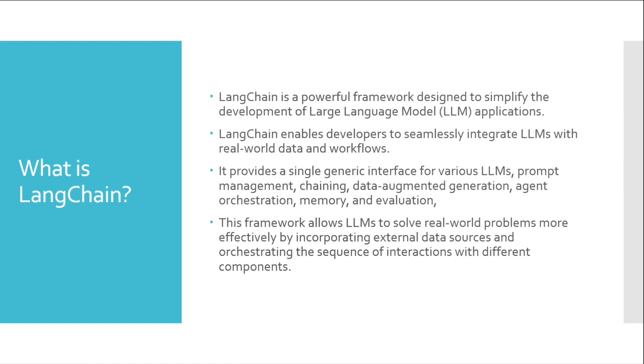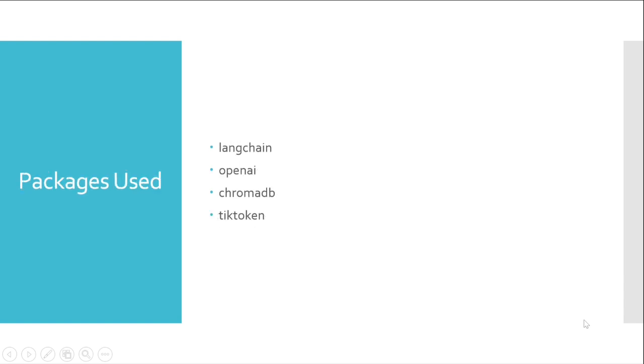It provides a single generic interface for various LLMs, prompt management, chaining, etc. This framework allows LLMs to solve real-world problems more effectively by incorporating external data sources and orchestrating the sequence of interactions with different components. So we will be using 4 packages in our app.